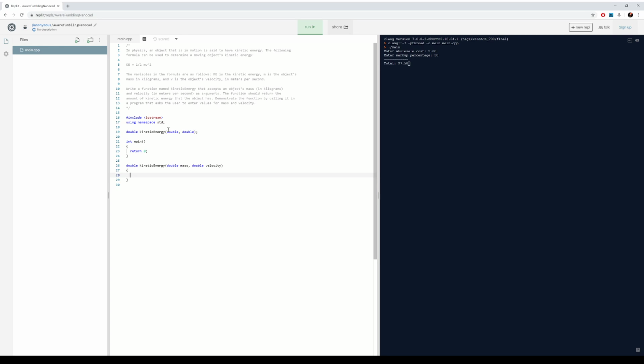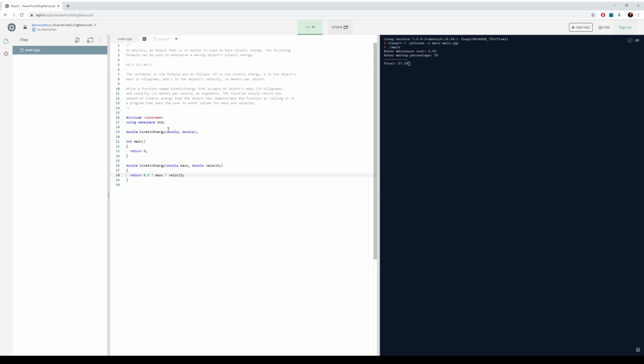Now because we are doing essentially all multiplication, the order of operations isn't that important. It's not important at all because multiplication has the same order of operations as other multiplication. That'll be clear in just a second. So we're going to do 0.5 times the mass times the velocity.